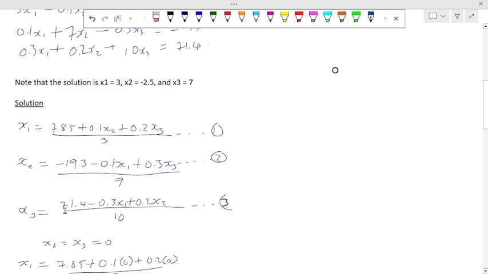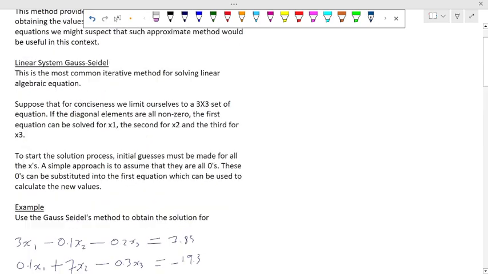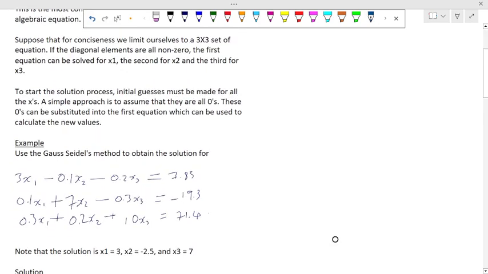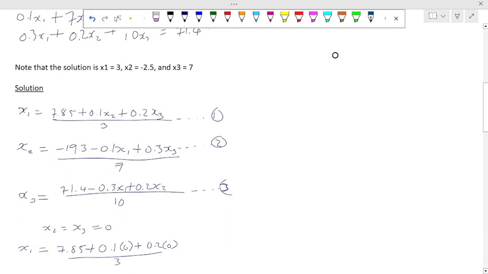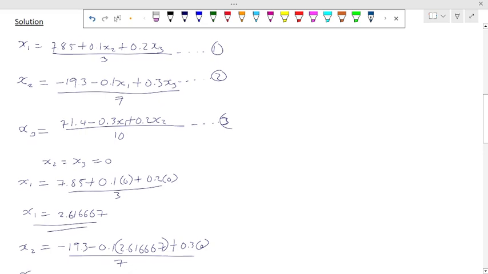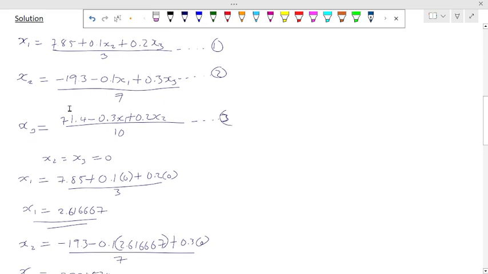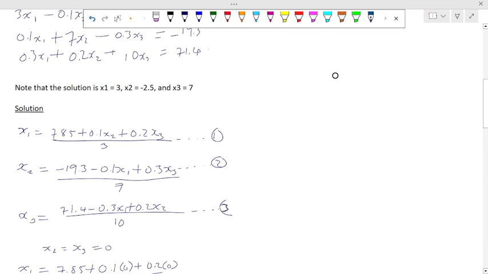Move 0.3 this way, it becomes positive, and here it should be negative.